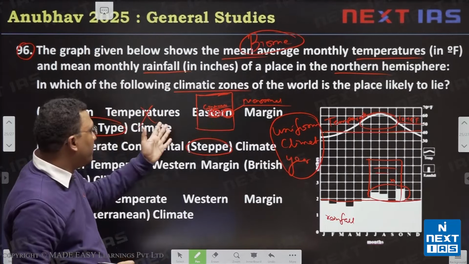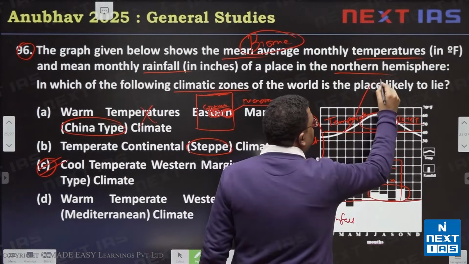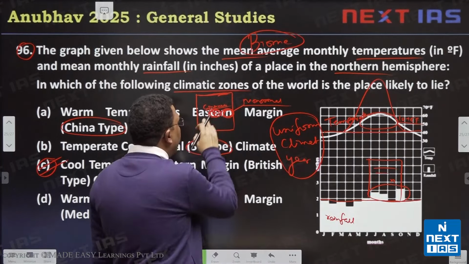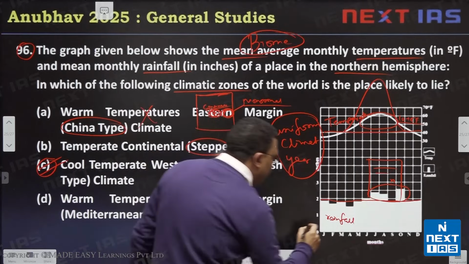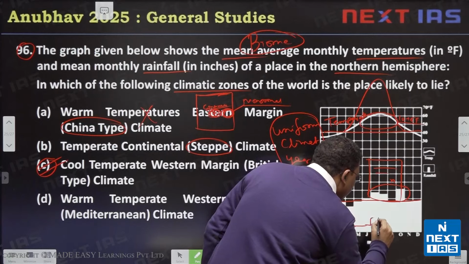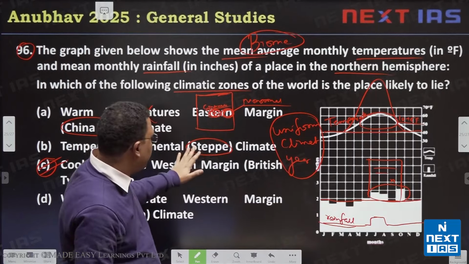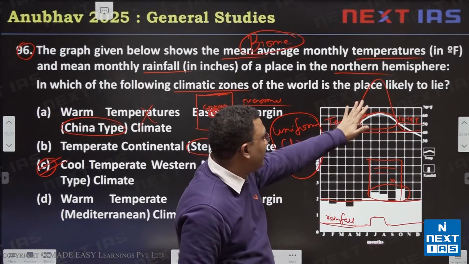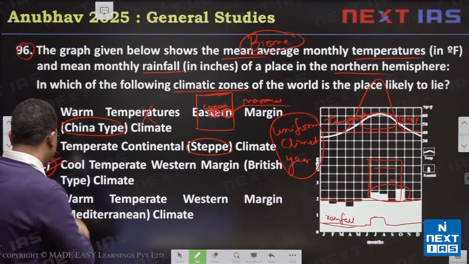So in the summer months the heat will shoot up very sharply, and their graph should have been something like this. Rainfall in steppe type climate is not much. There is only scanty rainfall throughout the year, and only in summer months there is some significant rainfall. So the rainfall graph for a steppe climate should have been like this, and the temperature graph something like this. So this option is also eliminated.